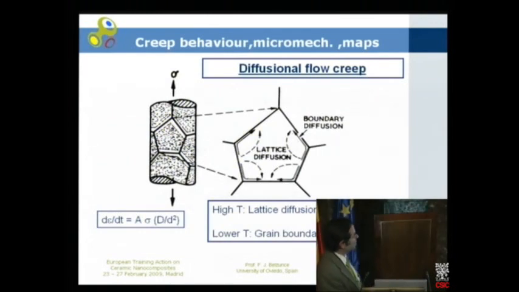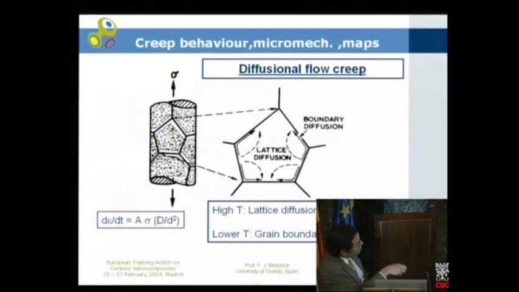So in this case, in order to decrease the strain rate, we need to use microstructures with very large grain sizes, because as the size of the grain is larger, the distances for the atoms to go in this diffusion process will be larger also, and the times will be longer, and then the strain rate will be reduced.